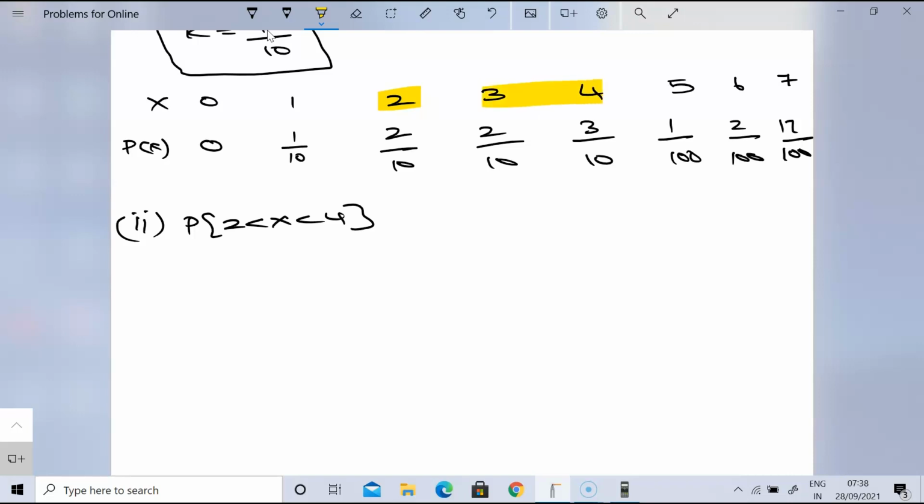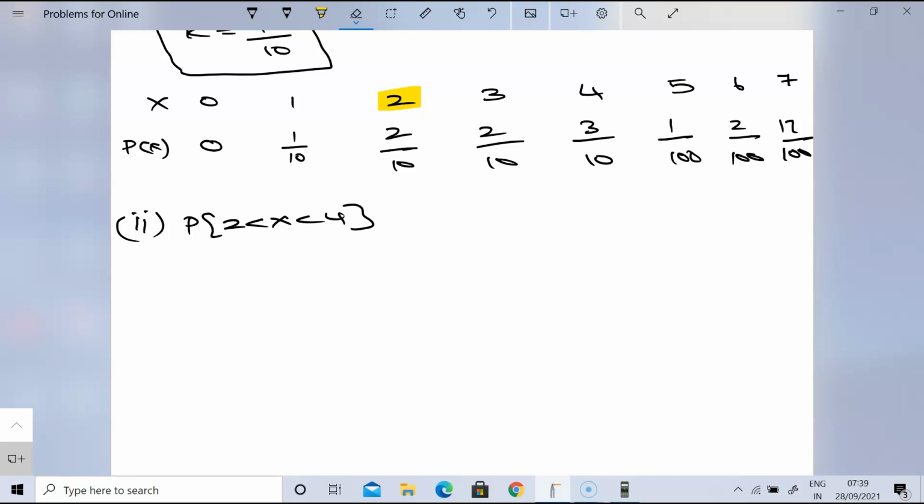But 2 and 4 are omitted. The number that lies between 2 and 4 is only x equal to 3. Only this one lies, isn't it? We don't have any other numbers more than 2 and less than 4. So you need to see only the probability value.